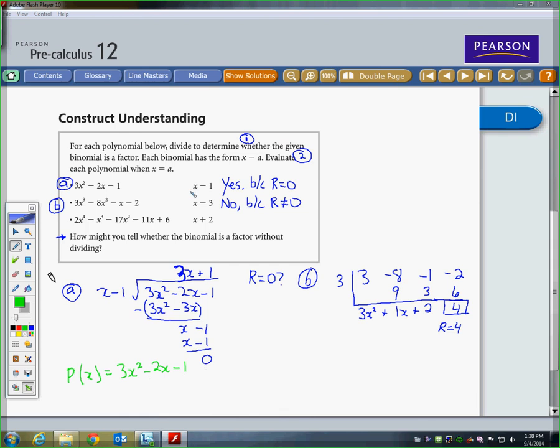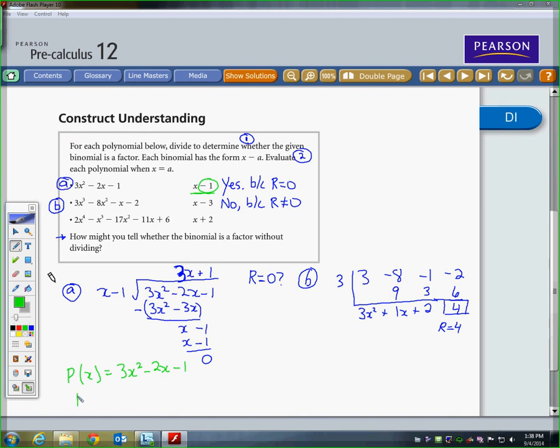If they're saying each polynomial has a form of x minus a, so in this one they mean x minus 1, evaluate each polynomial when x is equal to 1. It's a little bit confusing the way they're stating this, but what they mean is they want us to evaluate this polynomial when x is equal to, in this case, 1.